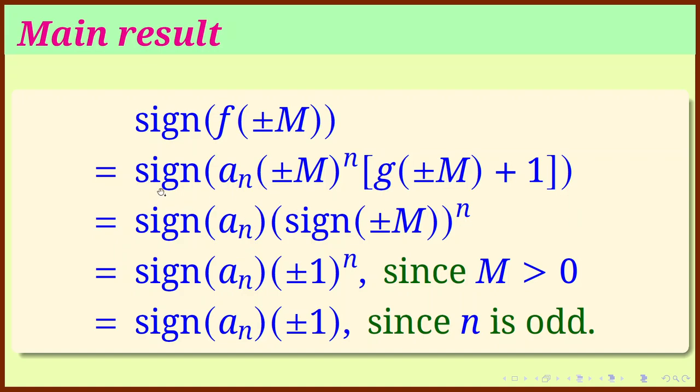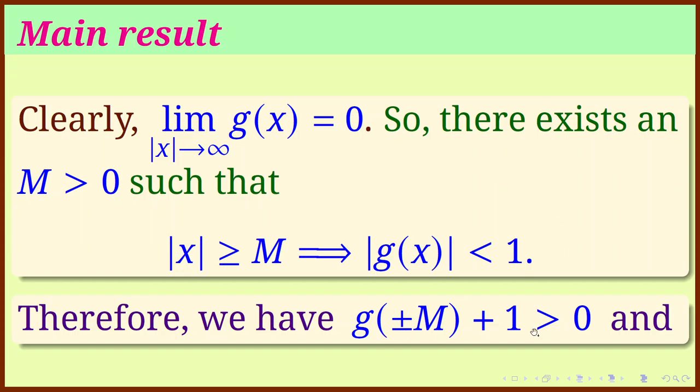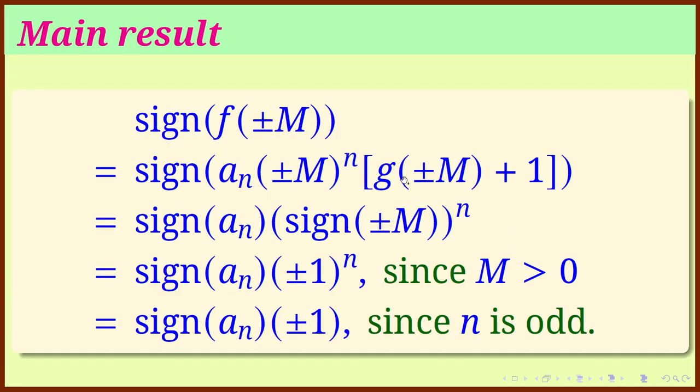Now, the sign function is distributive over multiplication, so the sign gets distributed over this product. It is the sign of an, and the sign of plus or minus m to the power n, which means the sign of plus or minus m, whole thing to the power n. And this last quantity is always positive, as we have seen here. Therefore its sign is always 1, so we can forget it.